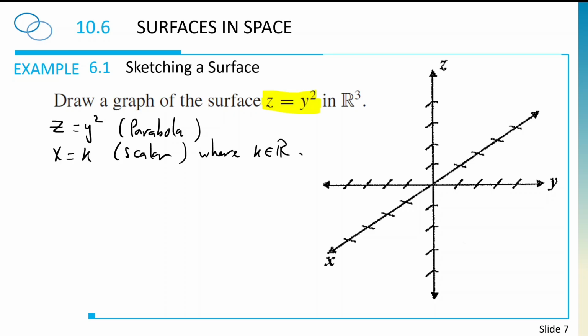Now, how do I graph it? I start by graphing the parabola. Just roughly, let's try to graph z equals y squared. We need to graph it along the x-axis. The x-axis changes. So let's think about it as you have many parabolas.